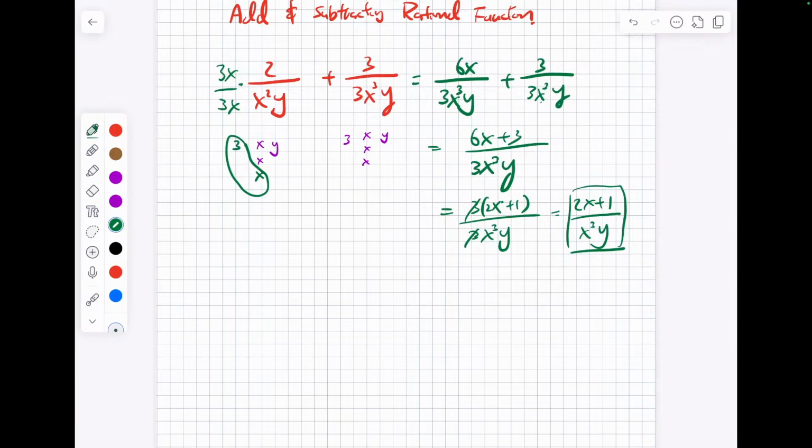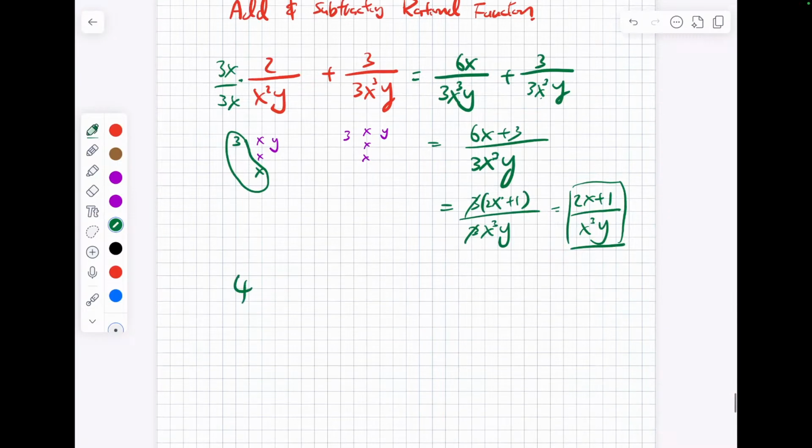Do you want to try one? Okay, let's go with 4 over x cubed y, and plus 3 over 5x to the fourth y.